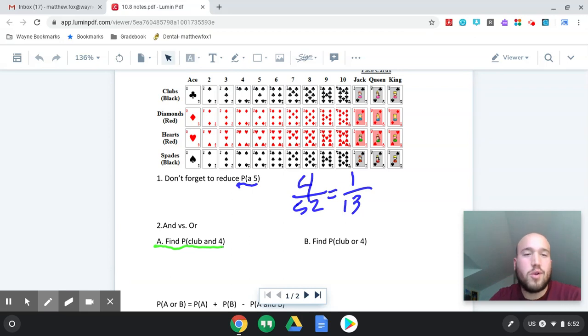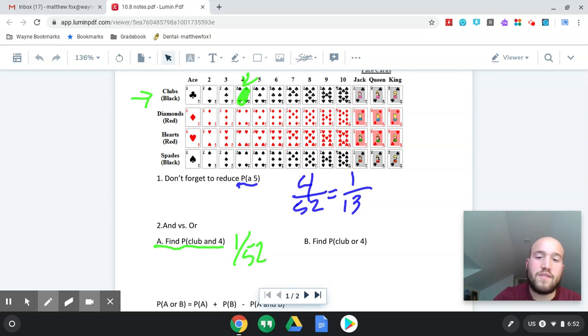Meaning if I pull out one random card, what's the probability that it's both a club and a 4? Clubs are in that top row, 4 right here. The only one that is both a club and a 4 is right there, one card, so 1 over 52. That is the only one that fits our needs.